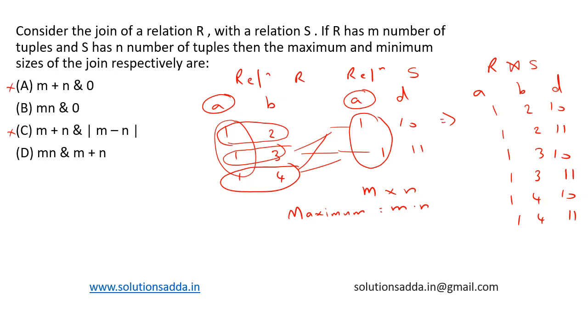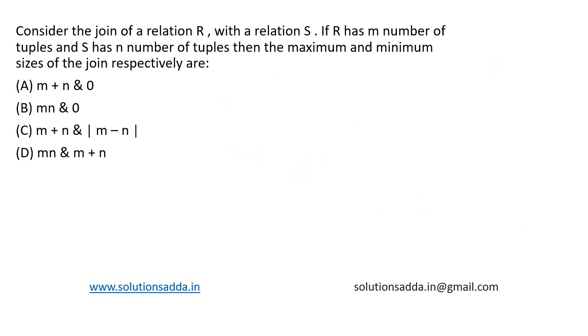Now let's consider the minimum number of tuples case. In the minimum case, both relations have a common attribute but no tuple in either relation matches. The situation will be relation R and relation S. Here we have A, B, here we have A, D. Here we have 1, 2, 1, 3, 1, 4, and 2, 10, 2, 15.